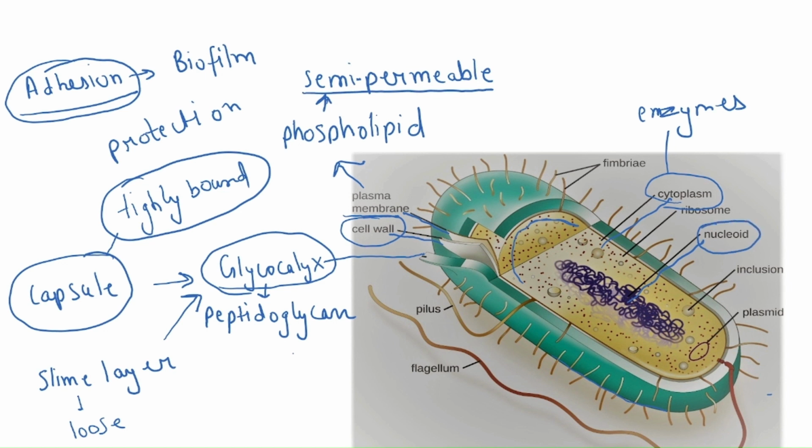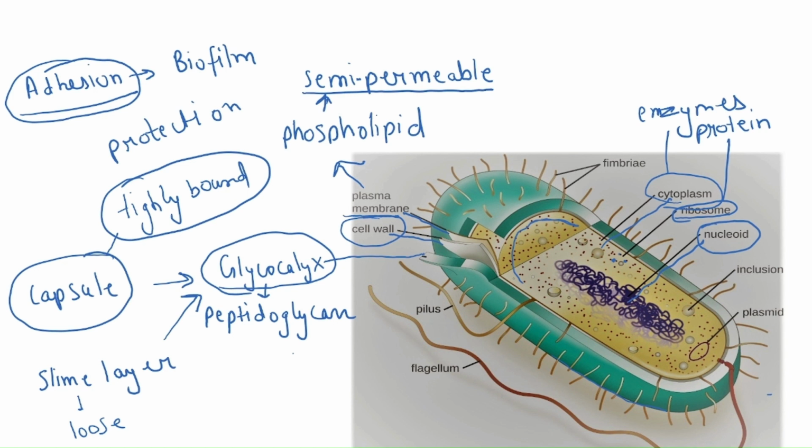Prokaryotic cells do not have a nucleus. Instead, they contain a region called the nucleoid. This nucleoid contains genetic material, typically a circular DNA molecule, and it floats in the cytoplasm. Now you can see these small ribosomes. They are very important because they synthesize protein.